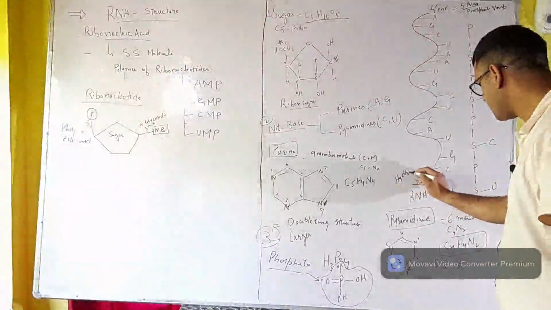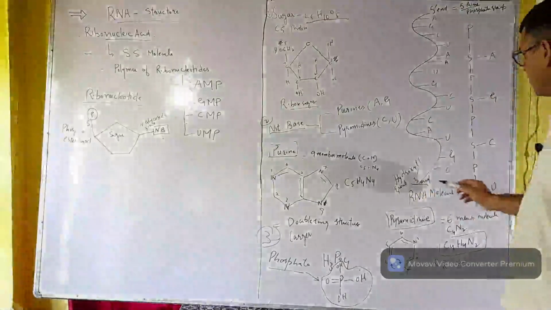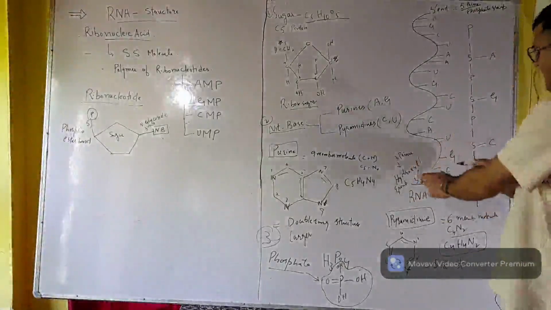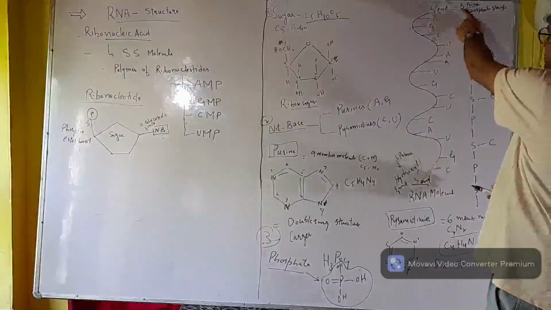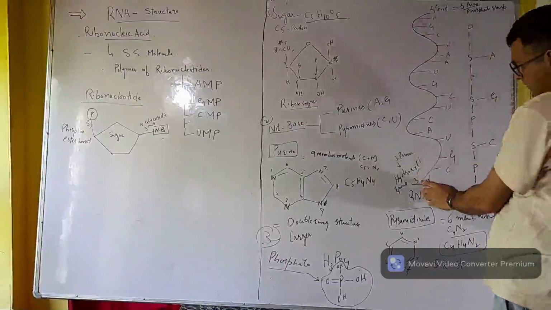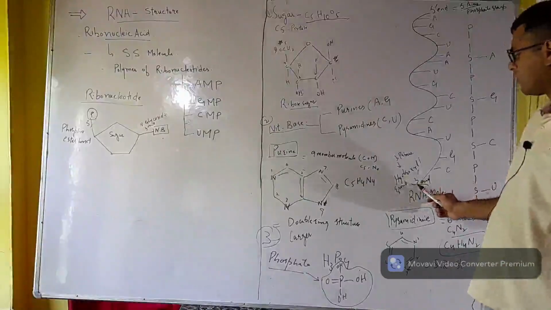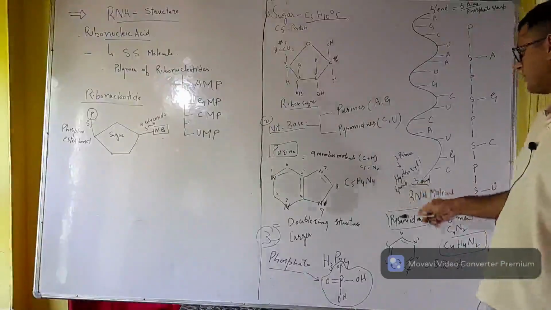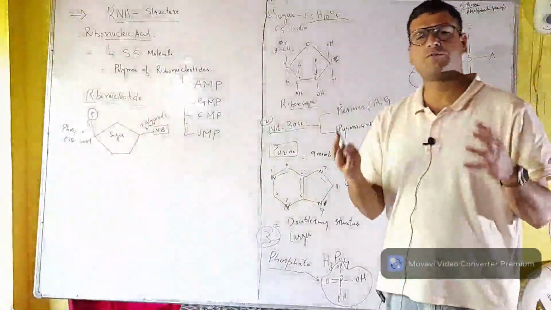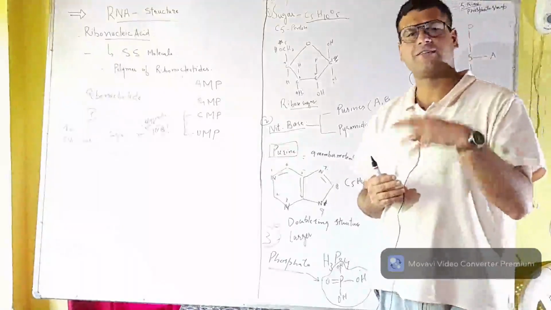So on this end, that is 5 prime, the phosphate group is free, and at 3 prime, the hydroxyl group present at the carbon third of the sugar is free. So this is what is called as 5' end, 3' end.